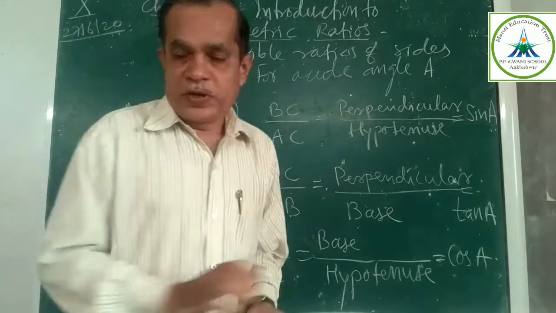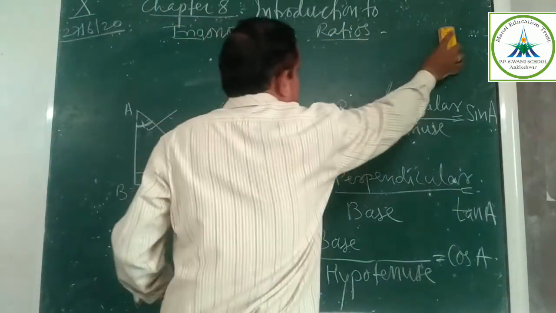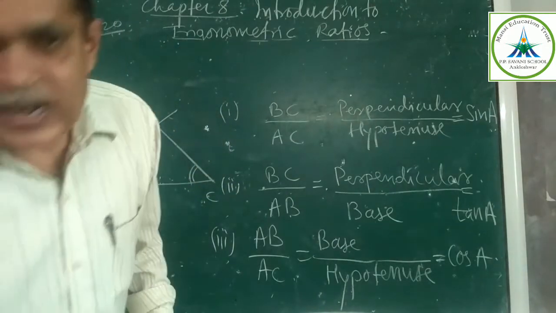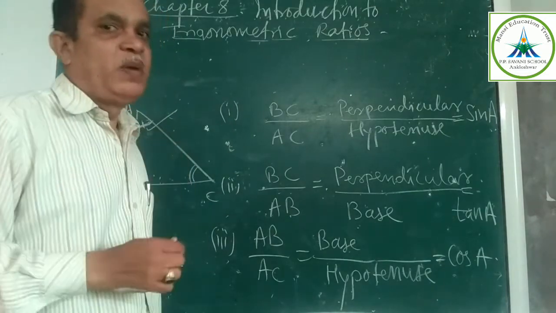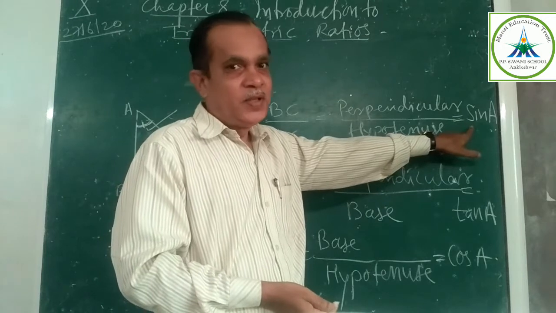Ready? See students, look here. This sentence you will write in your notebook also. After listening, you will remember forever. And you may share this sentence with your friends or your own family members. Look here now. S for sum.